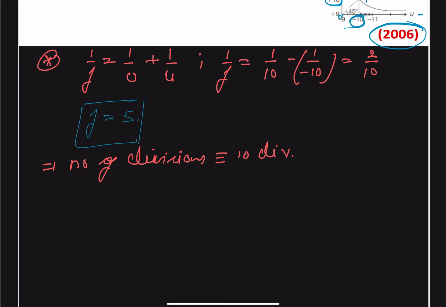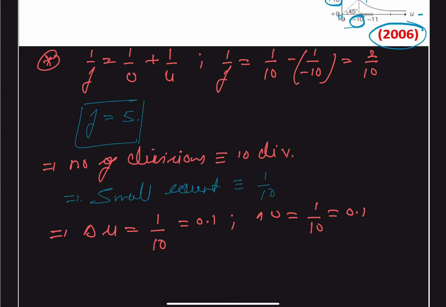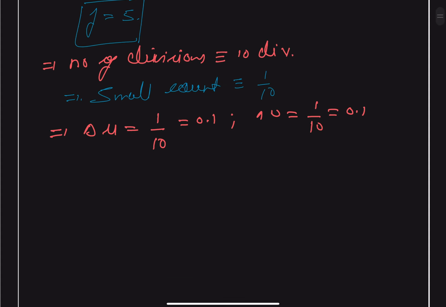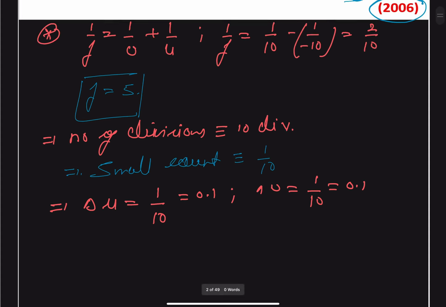So the smallest count for the u side, let us call this delta u, will be equal to 1 upon 10, giving us 0.1, as well as for the v side, delta v, that will also be 1 upon 10, coming as 0.1. Now we differentiate the lens maker formula, let us call this equation number 1.